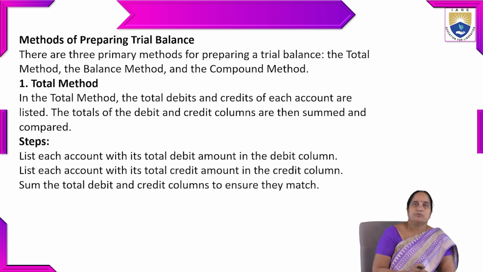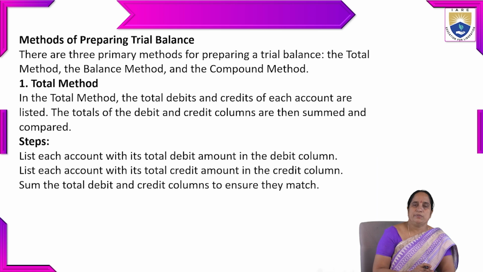Then coming to the methods of preparing a trial balance, basically we have three types of methods. The first one is the total method, the second one is the balance method, and the third one is the compound method. So let us start with the total method. In the total method, the total debits and credits of each account are listed.